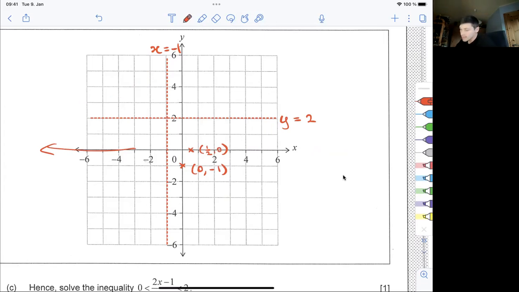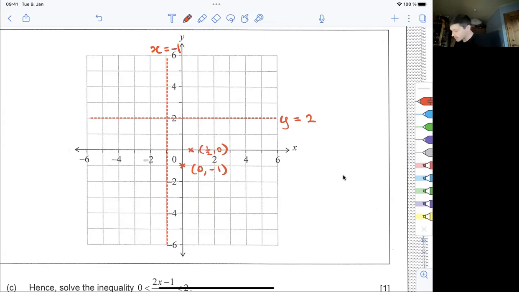Okay, so that gives us a bit of help as to the shape of our graph. On the positive side of x, as x increases, we want our line going towards the line y equals 2, and equally on the other side, as x tends to negative infinity, we want our graph tending towards this line of y is equal to 2.